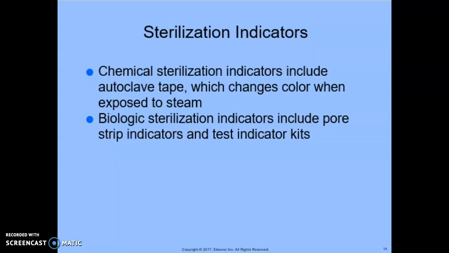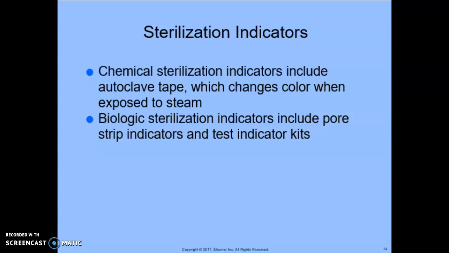We will use sterilization indicators. There are chemical sterilization indicators that include autoclave tape, which changes color when exposed to steam, which we have. And then the biologic sterilization indicators include spore strip indicators and test indicator kits. We have the strips for the plastic autoclave packs, and I will show you how those work in class as well.